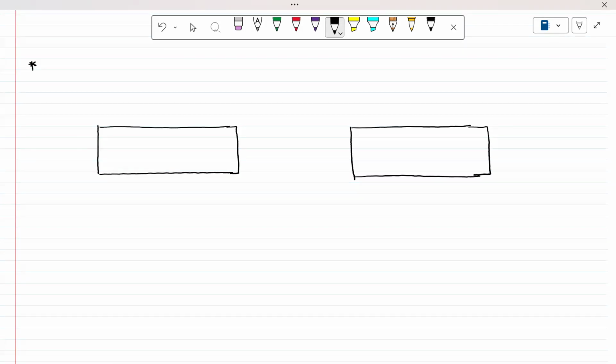We take an NMOS transistor and a PMOS transistor. What is the substrate here for the NMOS? P substrate. What is the substrate for the PMOS transistor? N substrate. We know very well that we have an oxide on top of it, and there is a polysilicon on top of it.